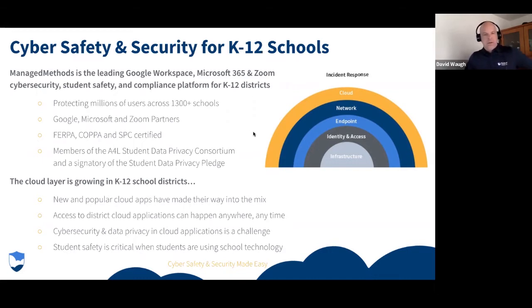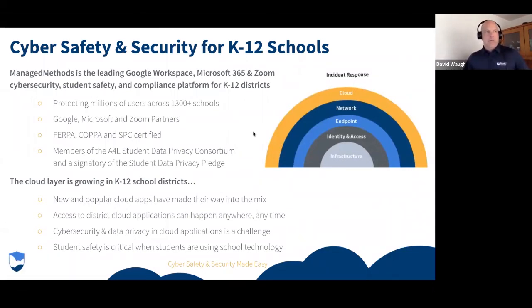One of the things that we are really keen and focused on is making sure that we provide an additional layer of security, and in some cases the front line of security when it comes to the cloud layer, which is arguably one of the fastest growing segments within a data center, the infrastructure, if you would, within a school district.